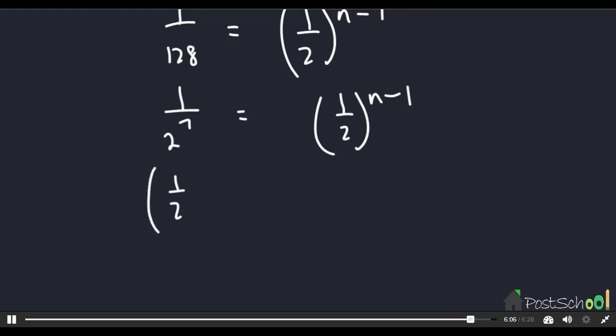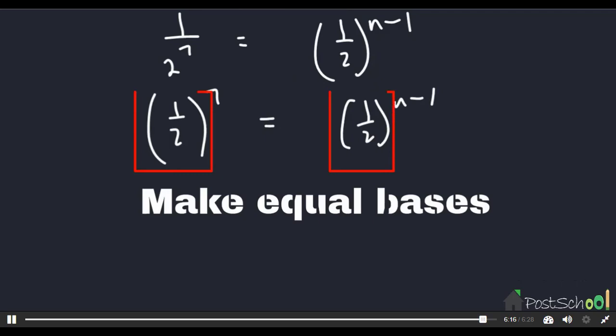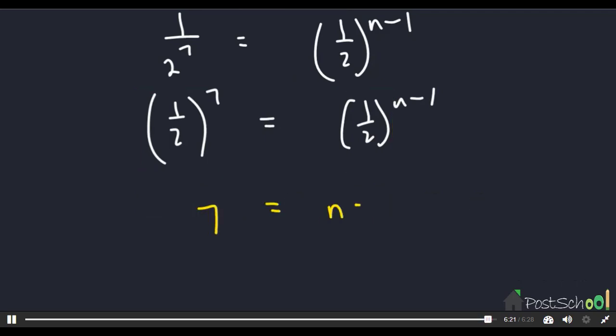Why are we doing this? We are trying to make the bases the same so that we can drop them and compare the exponents. So 7 equals n minus 1. Therefore n is equal to 8 again in this case.